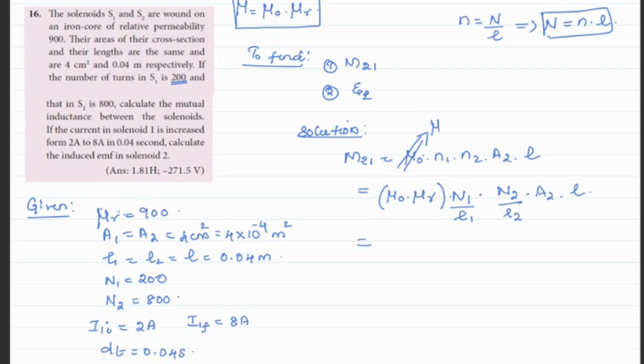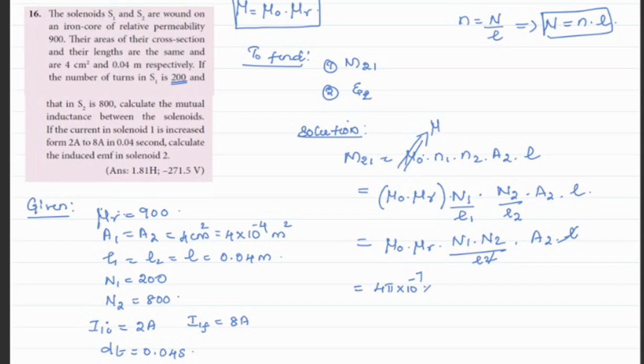Here L1 is equal to L2, see what we write. M21 = mu naught mu r N1 N2 by L square into A2 into L. One L can cancel, right? So this is equal to mu naught, which is 4 pi into 10 power minus 7.